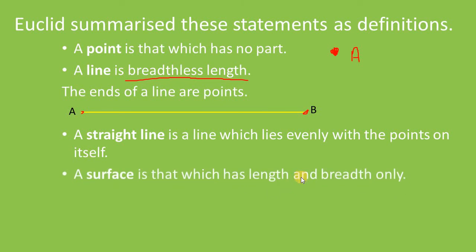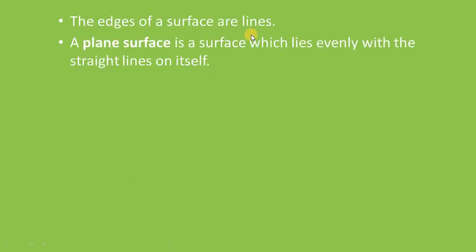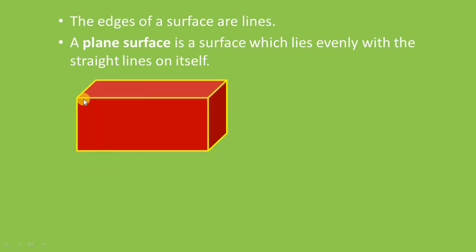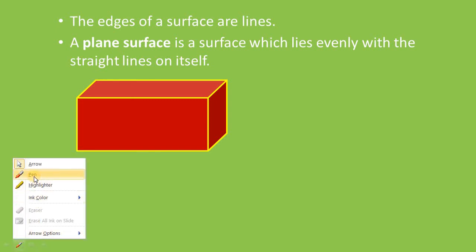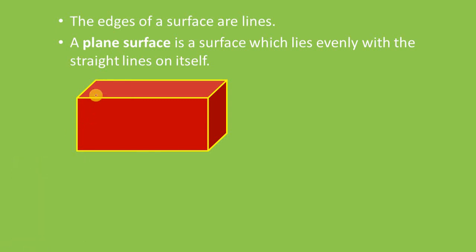A surface is that which has length and breadth only. So this is a surface, which has length and breadth. The edges of a surface are lines. See here, these are the edges.